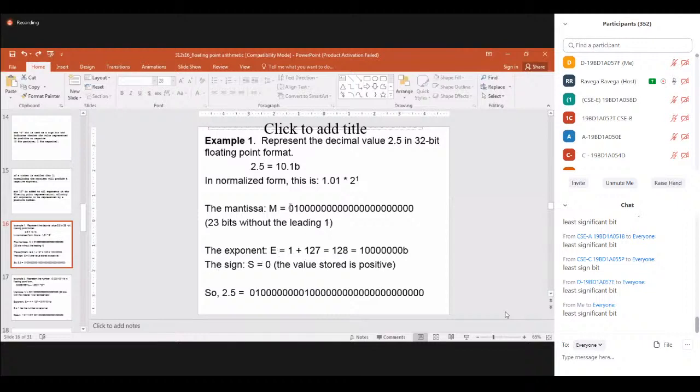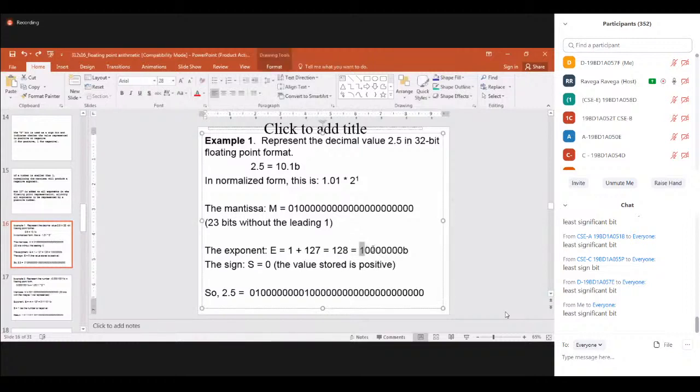So you are combining the mantissa as well as the exponent. First, the sign bit 0.